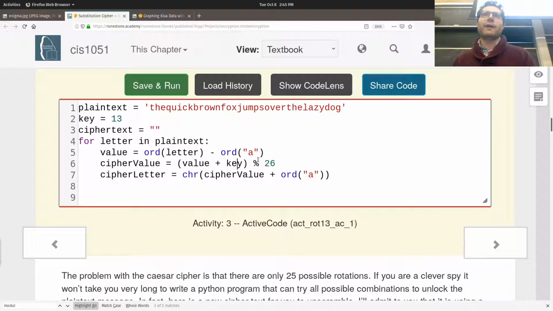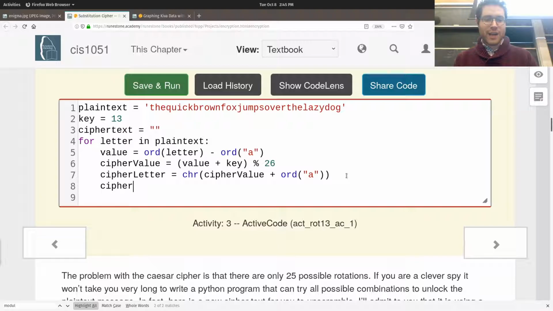If I'm adding 3 letters after Z, I don't go, what in the world is that? I go, oh, 3 letters after Z, that's A, B, C, right? That's how it will work. And then I add the A I subtracted back in and turn it back into a character. Got to add that A back in because I subtracted it out. Otherwise, I'd be printing out gibberish.